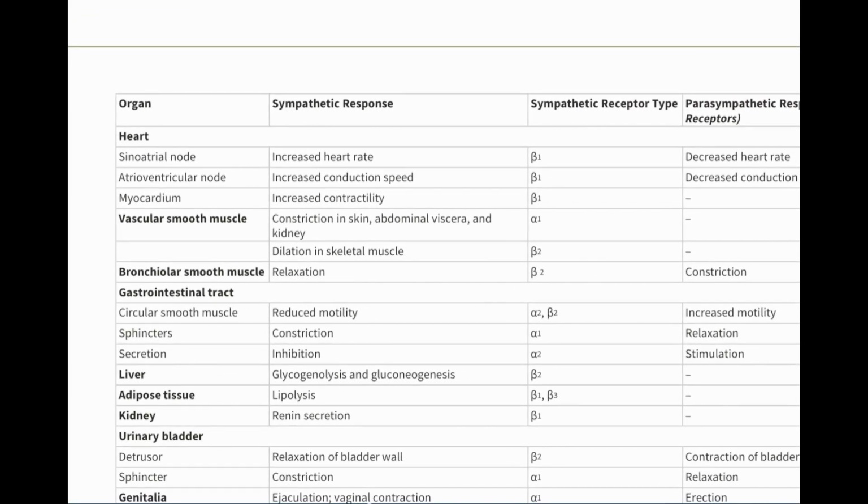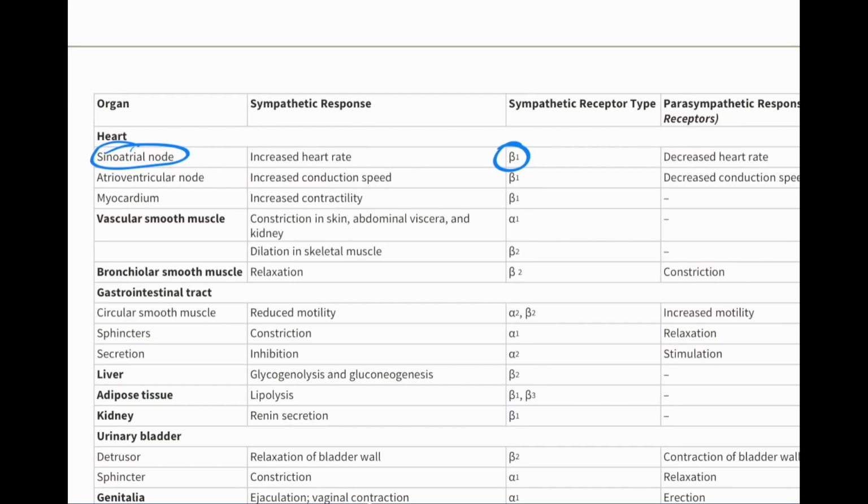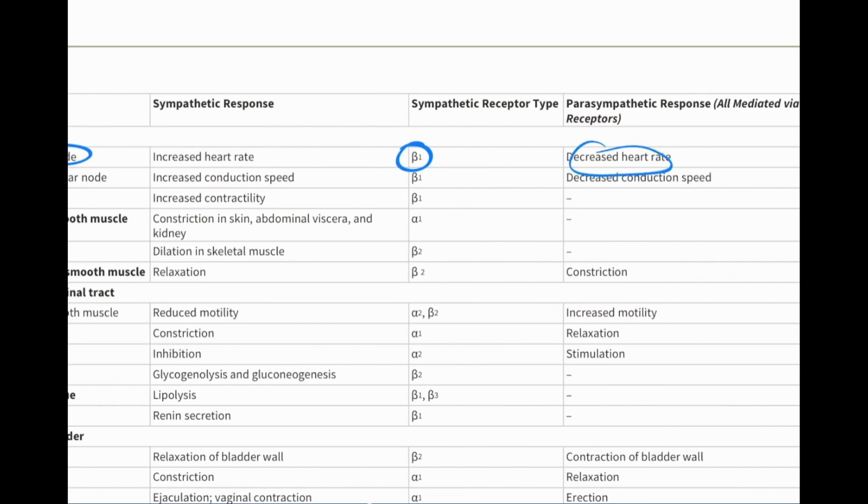And let's look at just the sinoatrial node. The sympathetic response is to increase the heart rate. How does it do it? Beta 1 receptors. So to increase your heart rate, you have to activate your beta 1 receptors. The parasympathetic response is the opposite, decreases the heart rate.